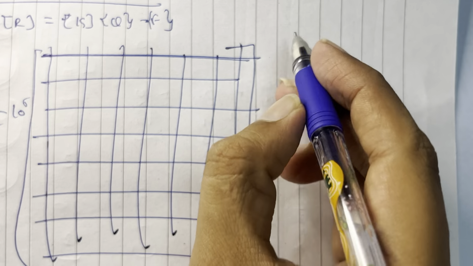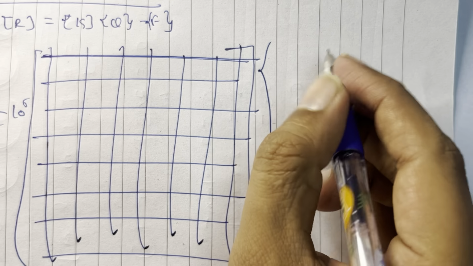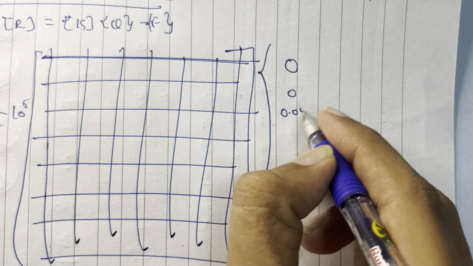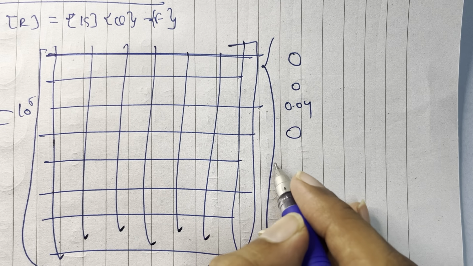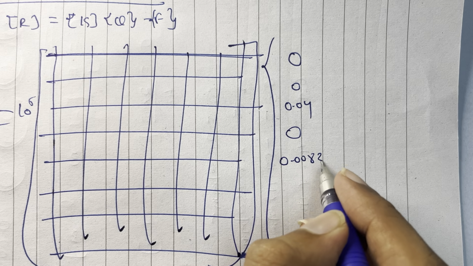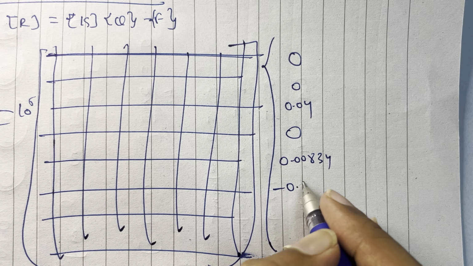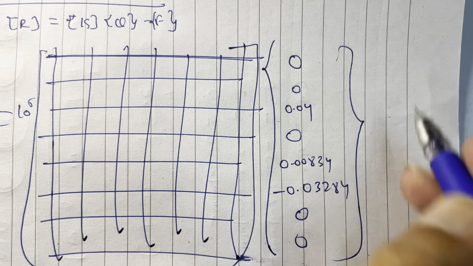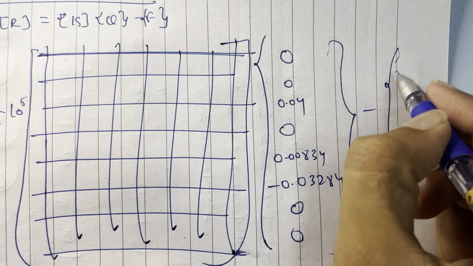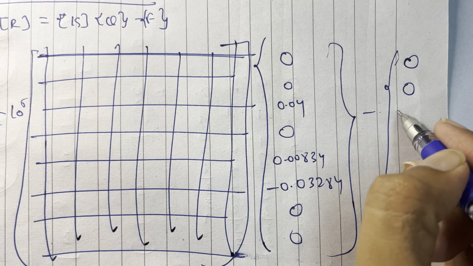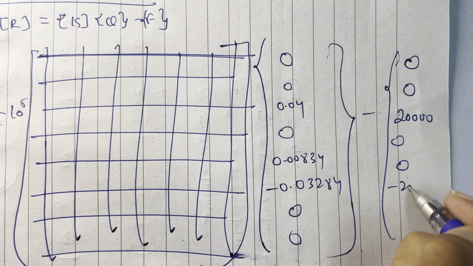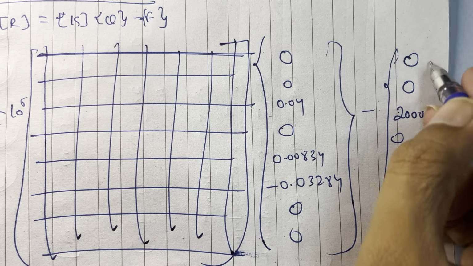Then here we have to write the displacement. Q1 is 0, Q2 is 0, Q3 is 0.04, Q4 is 0, Q5 is 0.00834, Q6 is minus 0.03284, 0, 0, minus force: 0, 0, 20,000, 0, 0, minus 25,000, 0, 0.